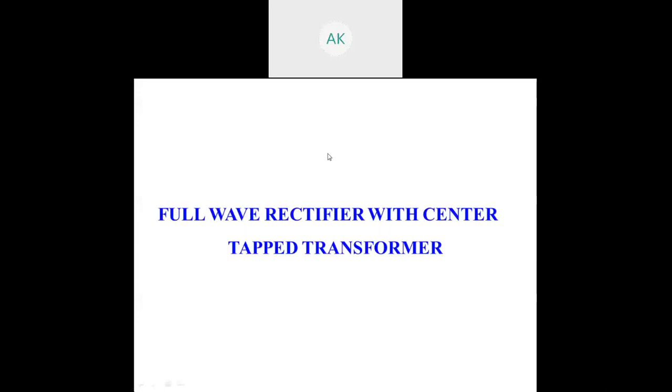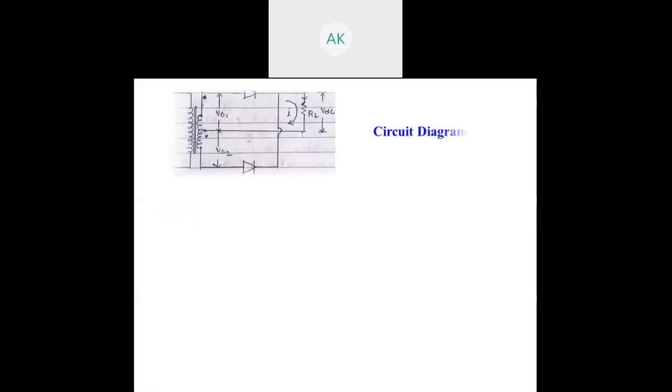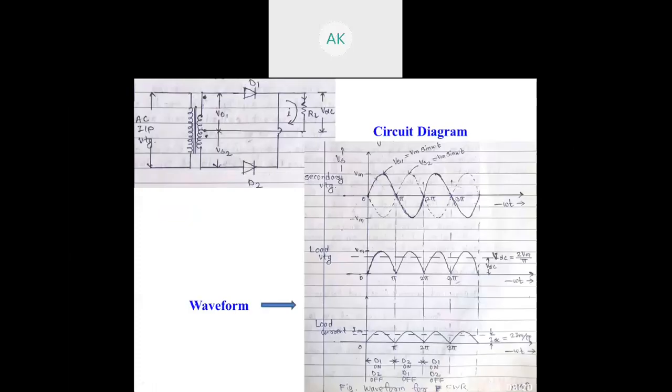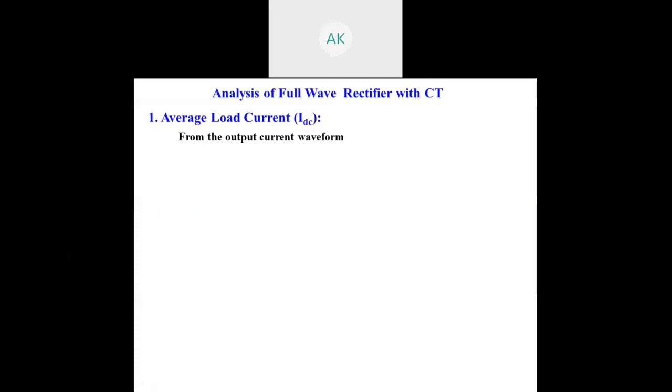Lastly, we started with the full wave rectifier with a center tap transformer. We have seen its working operation, and we have started the analysis of the full wave rectifier, considering a number of parameters.